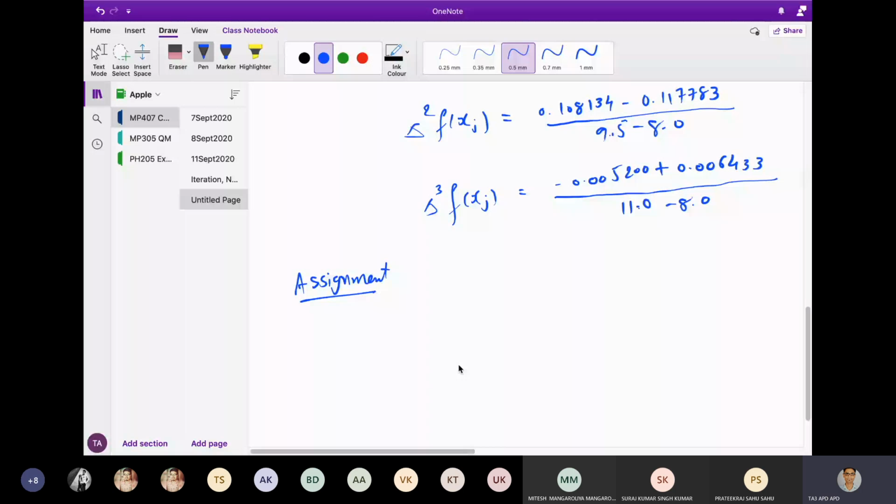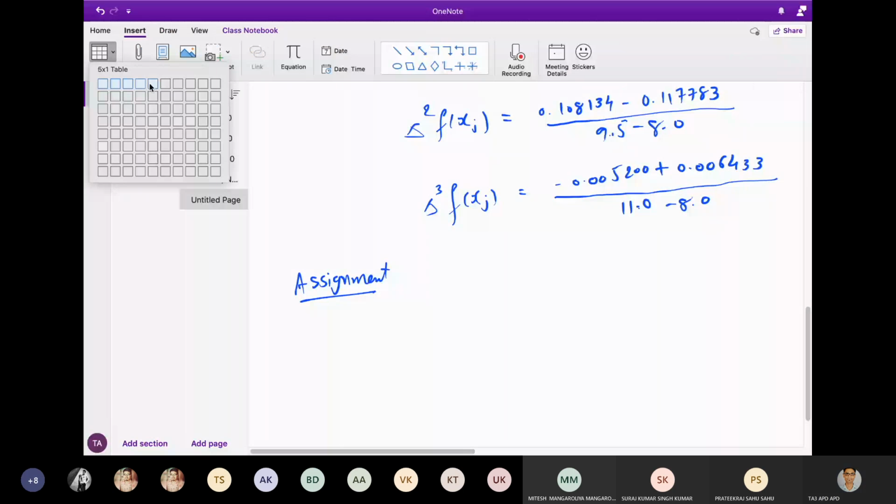Okay, so what is the data? I think if I can draw the table, it is better.